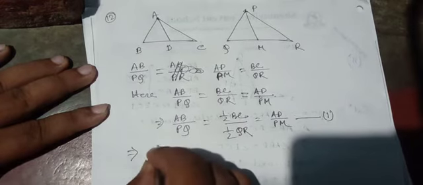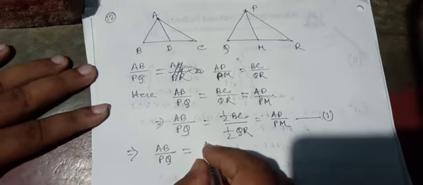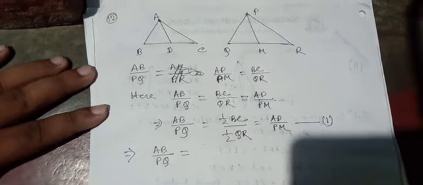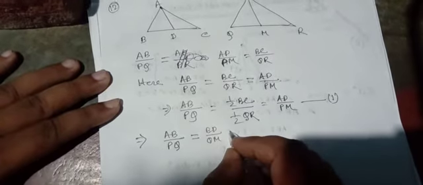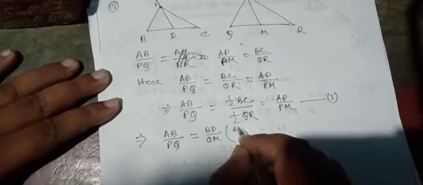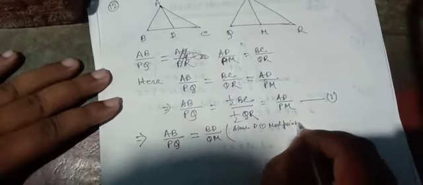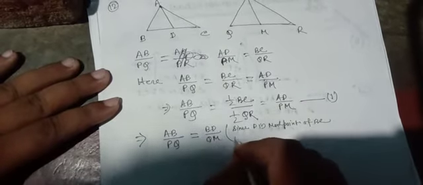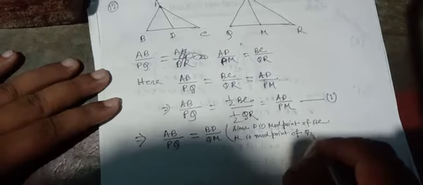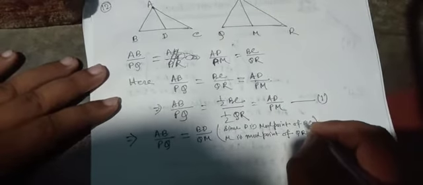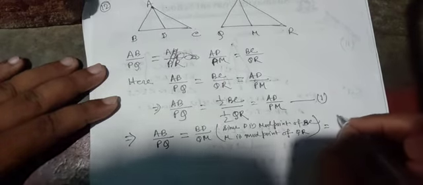Now this implies AB by PQ equals BD by QM, since D is the midpoint of BC and M is the midpoint of QR, which equals AD by PM.